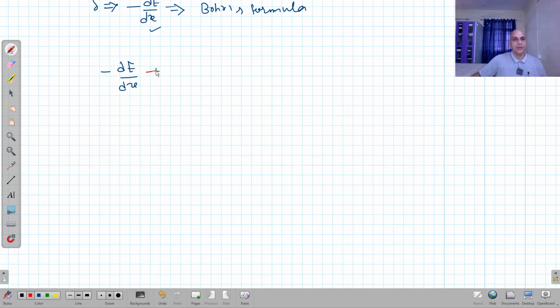This is equal to z square e power 4 into small n divided by 4 pi epsilon naught square m small m e b square, log of natural log of e, into 2 m b square upon h nu.